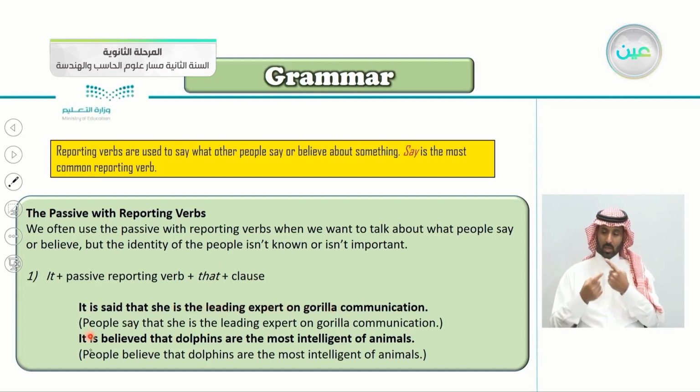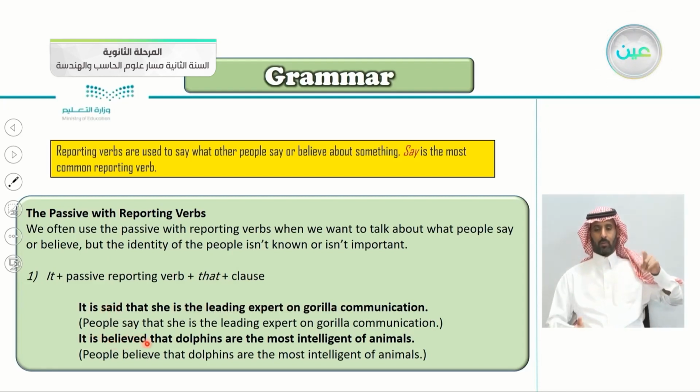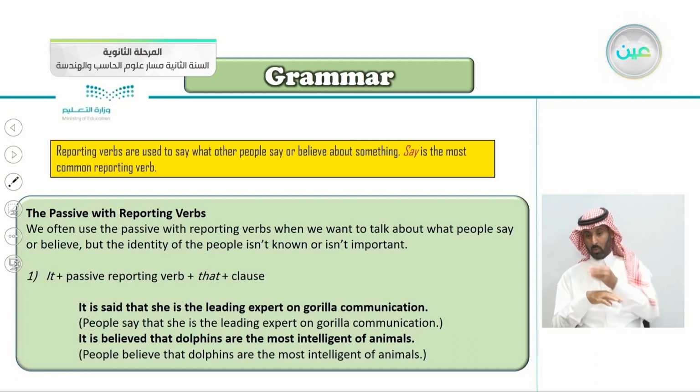Here also the second one, it is believed. Here we used said, here we used believed, that dolphins are the most intelligent of animals. The original sentence is, people believe that dolphins are the most intelligent of animals. So we don't say by people, because why?